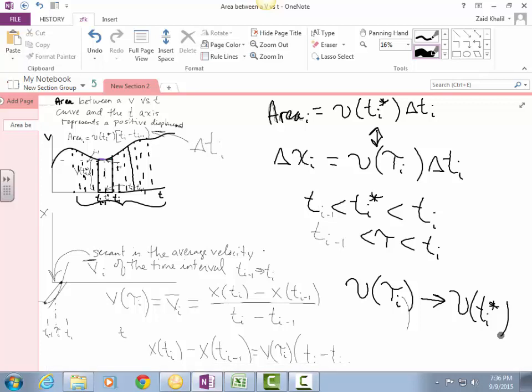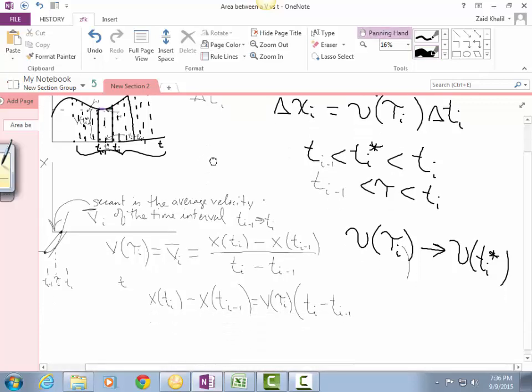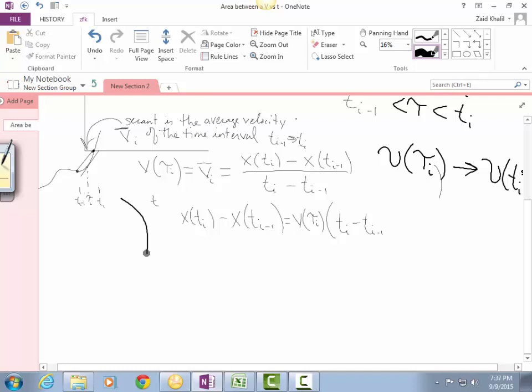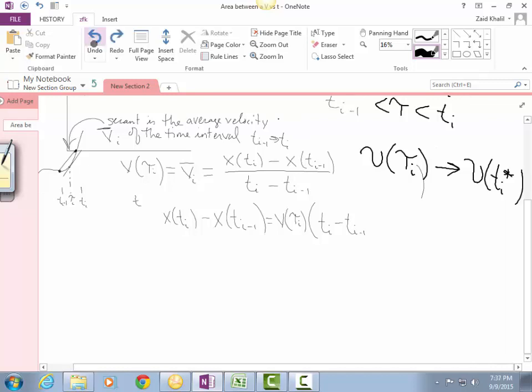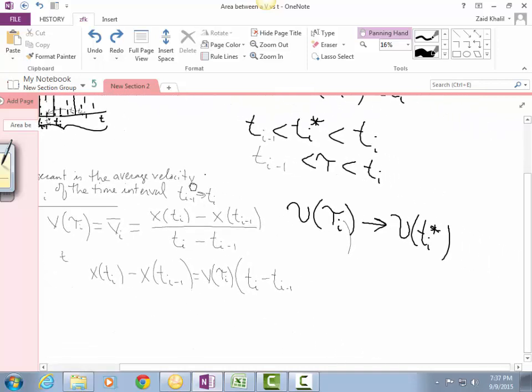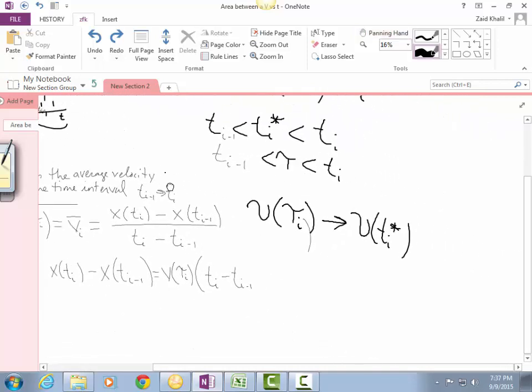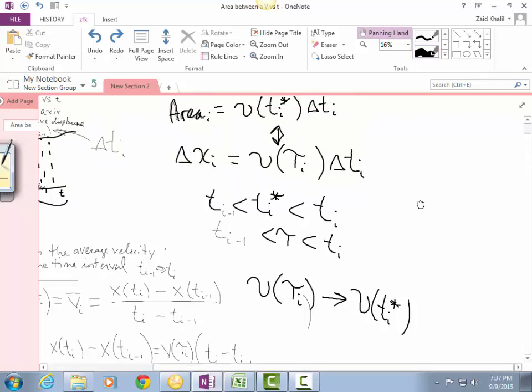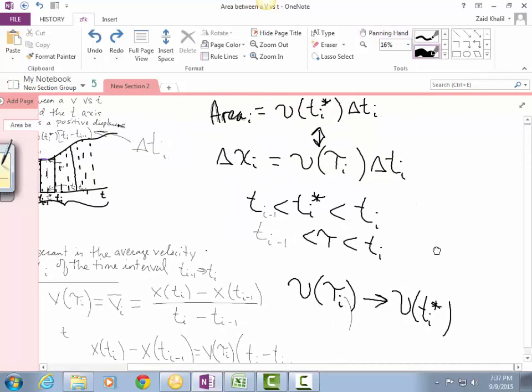So this is going to approach the slope of the corresponding tangent line. I hope that's clear. So therefore, what we have is the area is equal to the displacement over that interval.